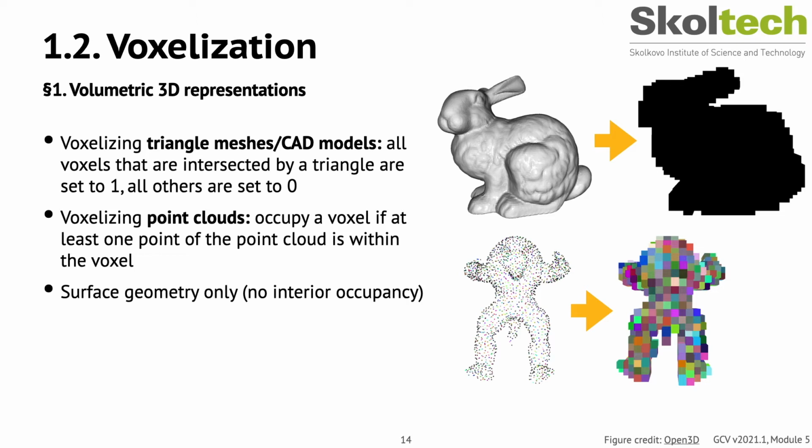This, however, brings us only surface geometry, as we're not able to see inside the shape, because meshes, point clouds, and CAD models typically represent only the surface geometry of the object, but not its interior. So in this case, the occupancy map is kind of unfilled, right? So we cannot have interior occupancy.